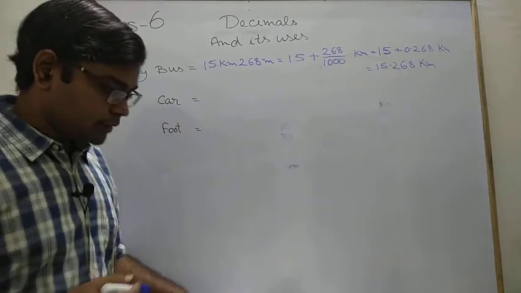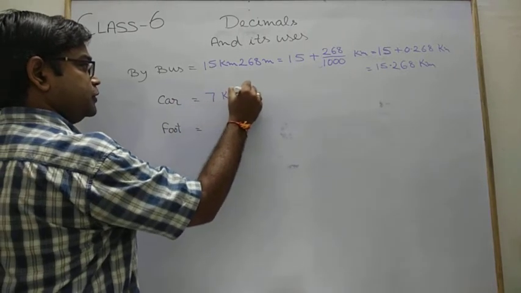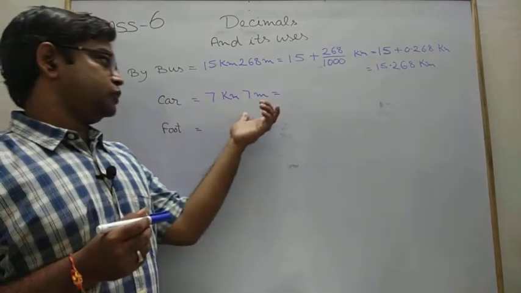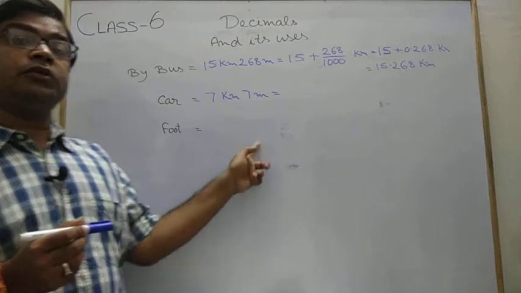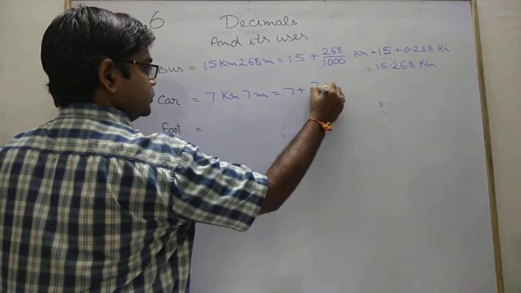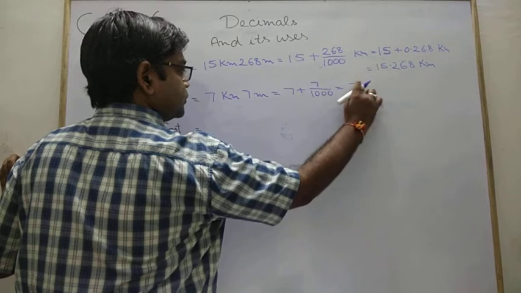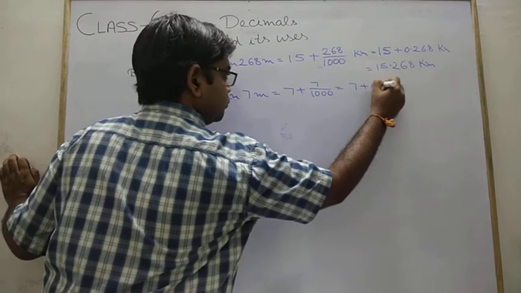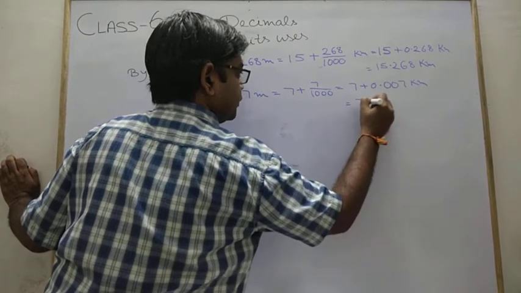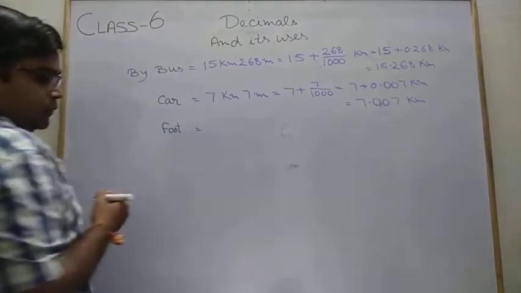Then by car it is given 7 kilometer 7 meter. For this conversion, we have to convert 7 meter into kilometer. So 7 plus 7 by 1000, which means 7 plus 0.007, it's 7.007.